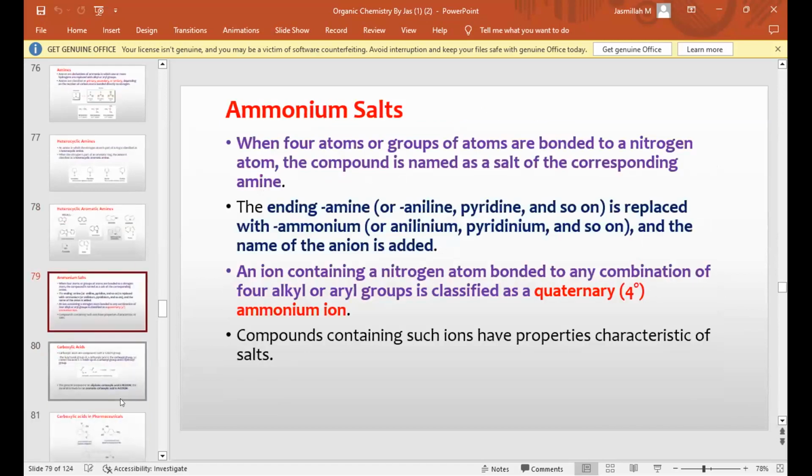And ammonium salts. Normally a normal amine, let's say an NH group, when it's bonded to benzene, is known as aniline.